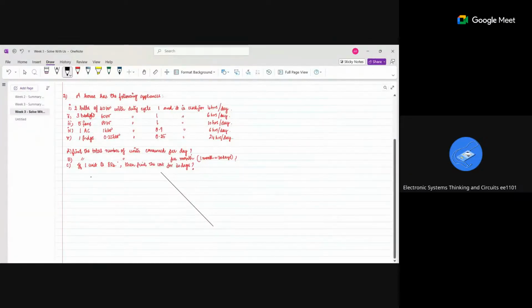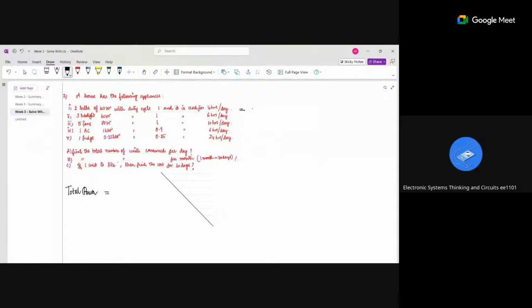If I want to find the power consumed, how to solve this? Where to start? First, we have to find the energy. First, we'll find the total power.